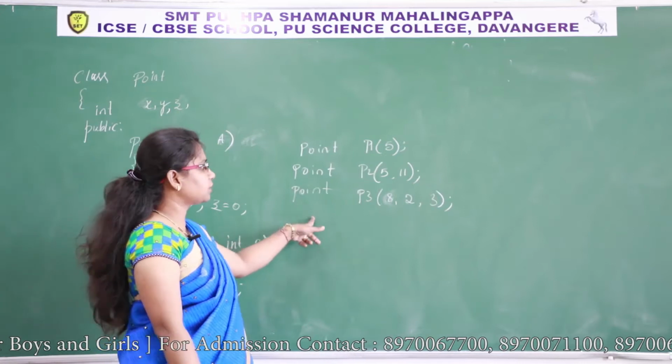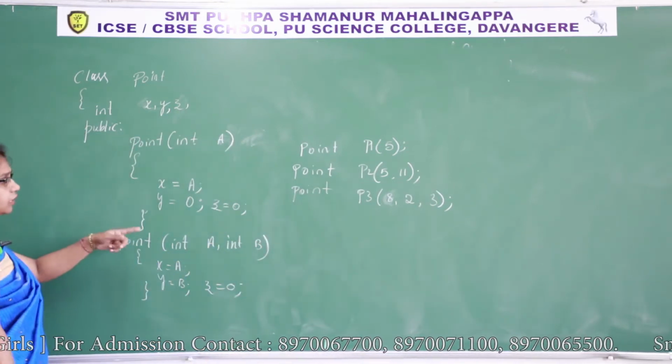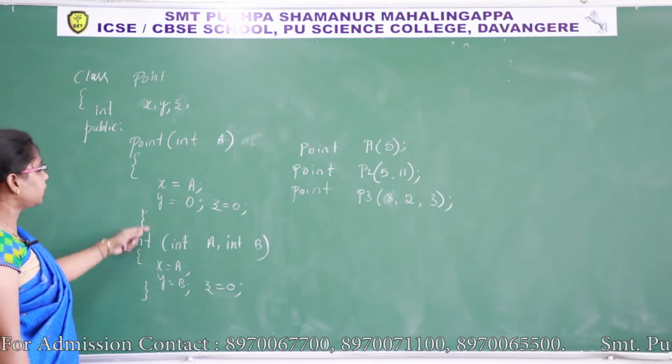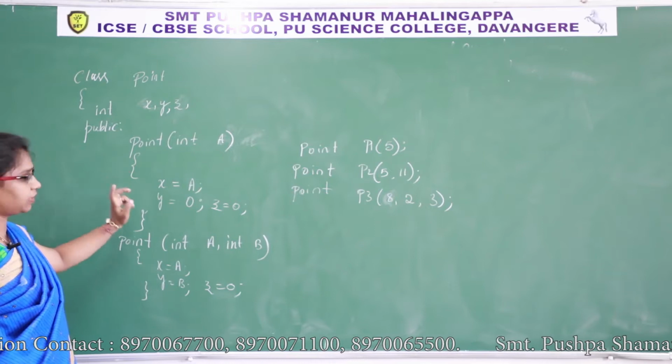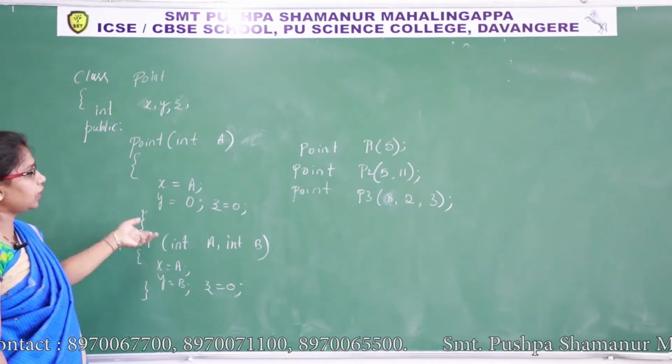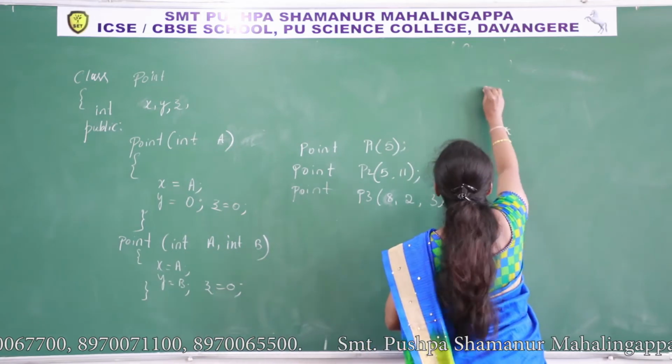For this object, I have taken 3 arguments. For that object creation, I did not have a matching constructor. One constructor is for one argument, another is for 2 arguments, so I have to write another constructor within the class, a 3-argument constructor.